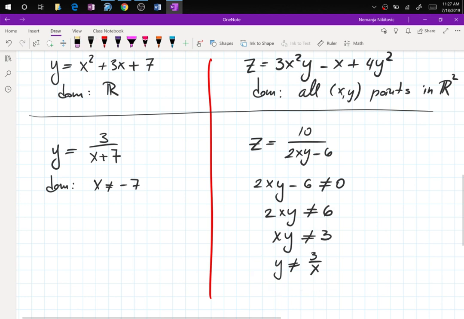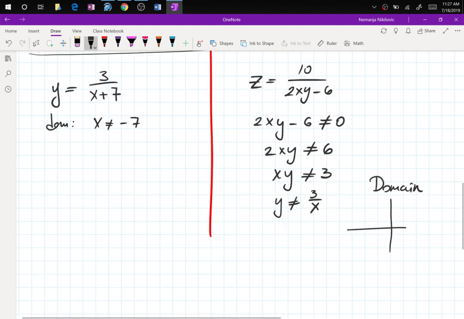So if you are to draw a domain here, you will draw this function as we all know, that's pretty much what it is. And I'm going to actually replace these with red lines. There we go. So you are allowed to pick any point that is not on these red lines.